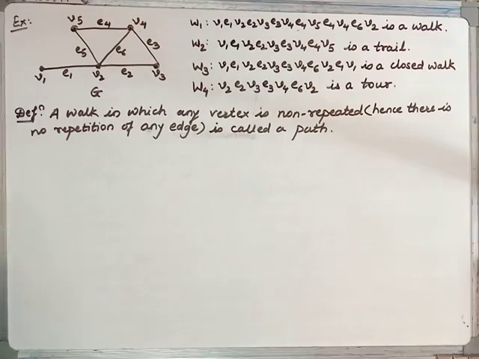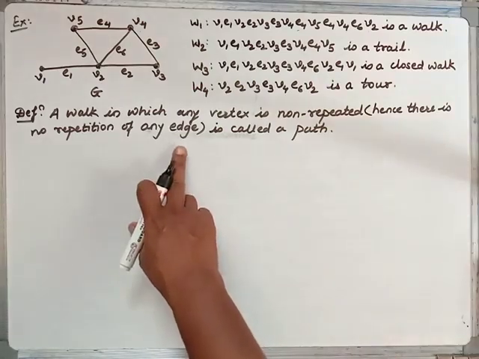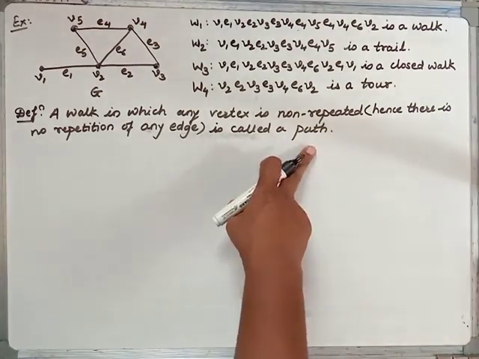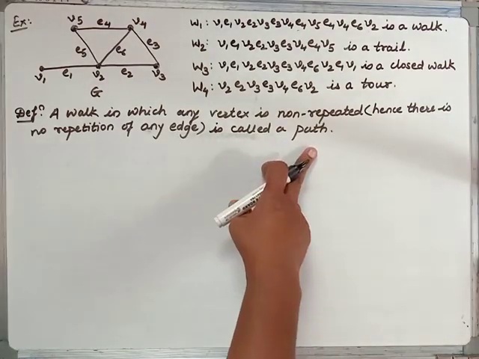Such a walk in which vertices are not repeated, so obviously edges are not repeated, is known as a path.